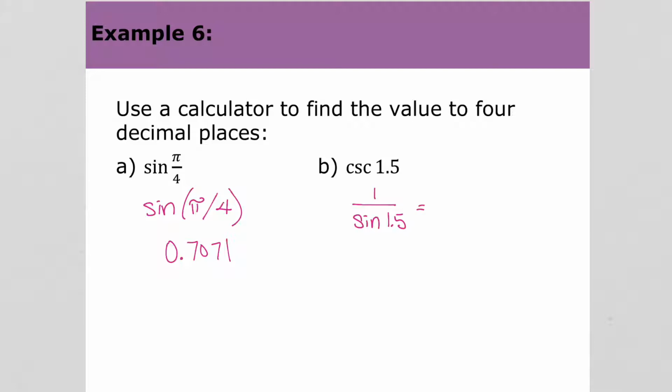So we would put that in the calculator as 1 divided by the sine of 1.5, like this. And you should get 1.0025. And that concludes our lesson so far on the unit circle.